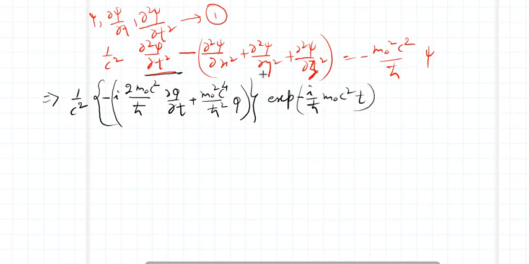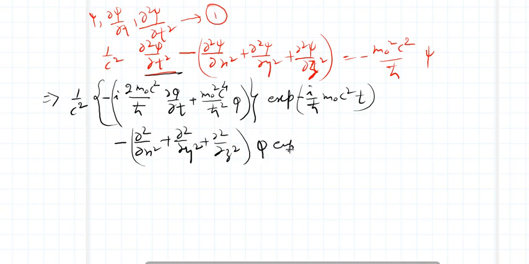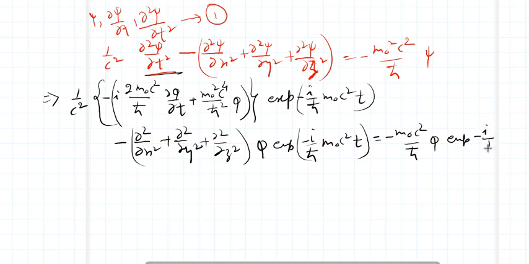This is the value which we have substituted, minus ∂²/∂x², ∂²/∂y², and ∂²/∂z² into the value of ψ. Psi is φ exponential minus iota over ħ m₀c² t, equal to m₀c² ħ φ exponential minus iota over this into this. That's what we will substitute here.